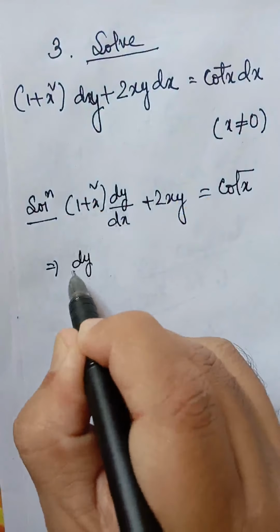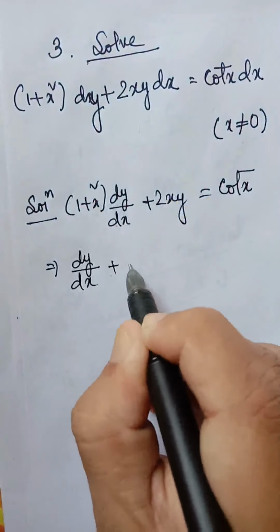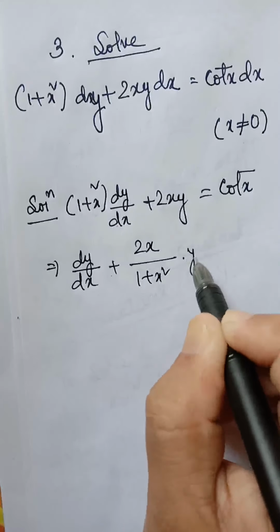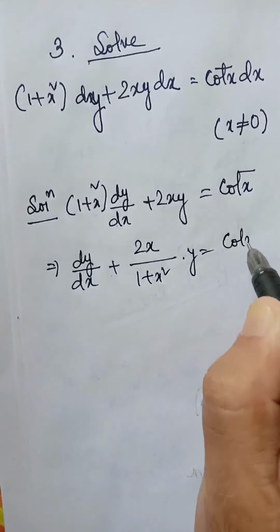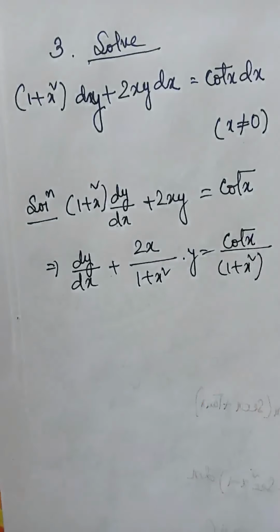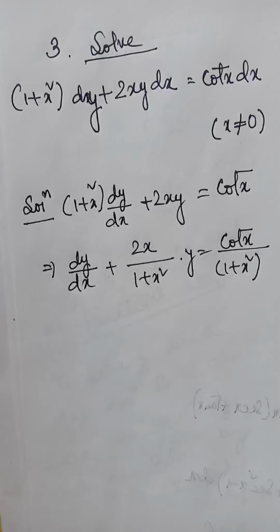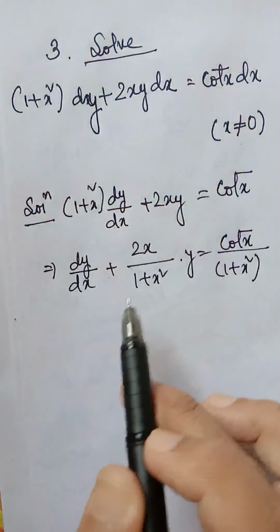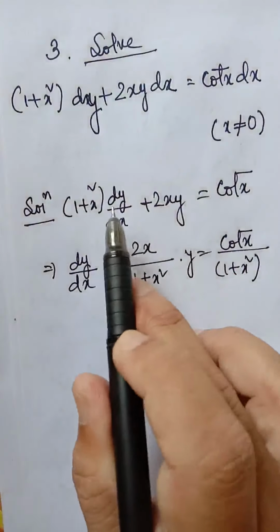So this will become dy/dx plus 2x by (1 plus x square) into y equal to cot x by (1 plus x square). So first step we have divided both the sides by dx. Next step I have divided both the sides by 1 plus x square.